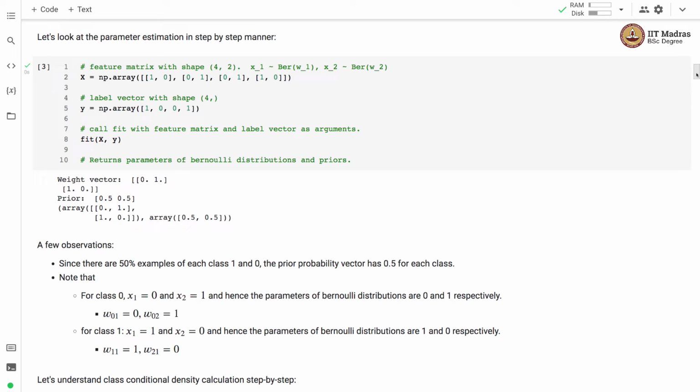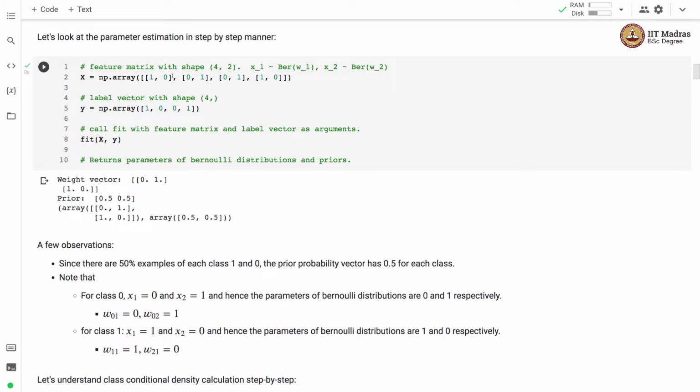Let us look at the parameter estimation in a step-by-step manner. So here we have taken a feature matrix with shape 4, 2. There are two features x1 and x2, and both of them are distributed according to Bernoulli distribution, of course, for each label. So we have 4 examples.